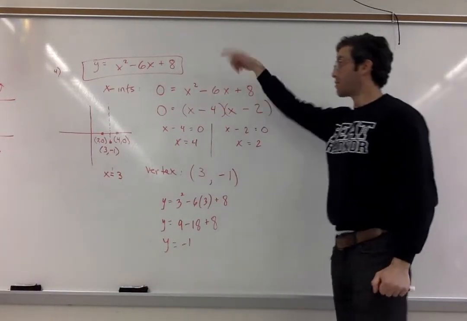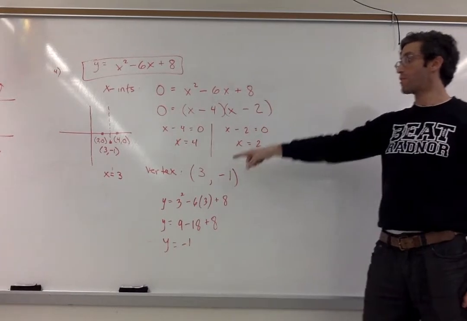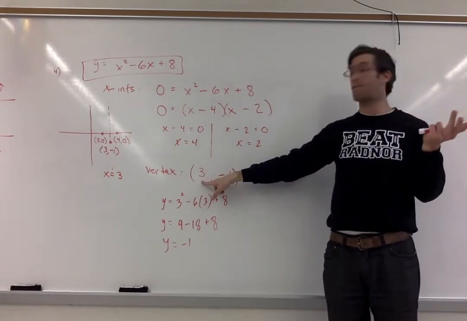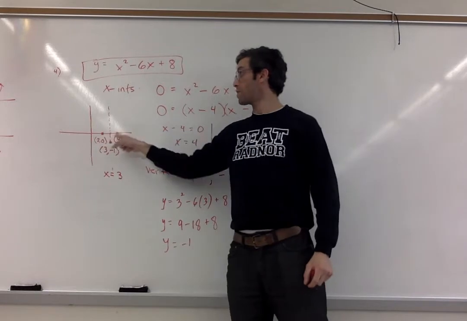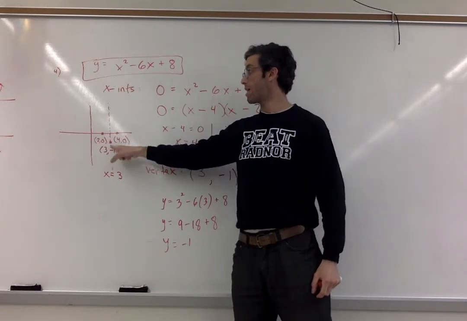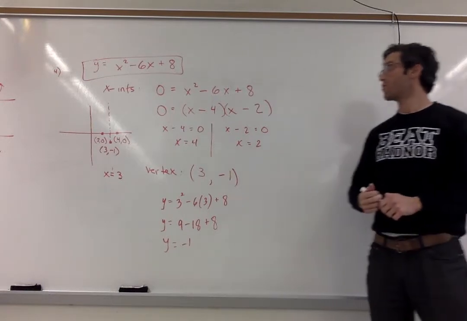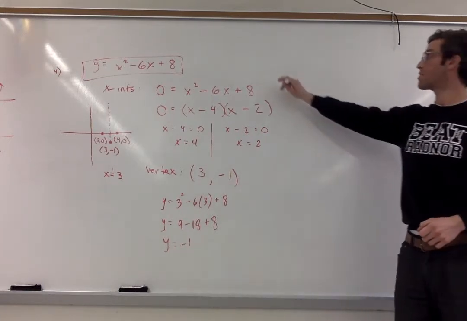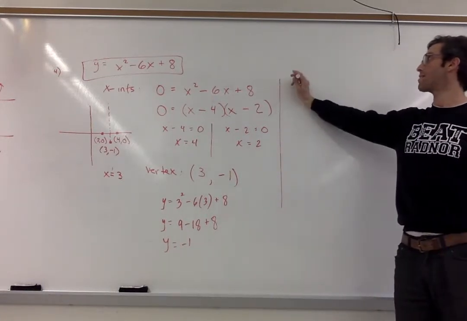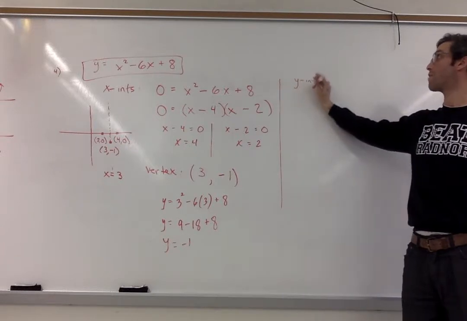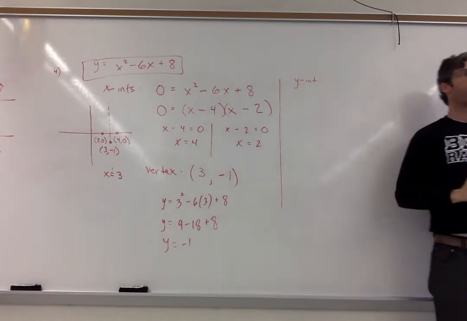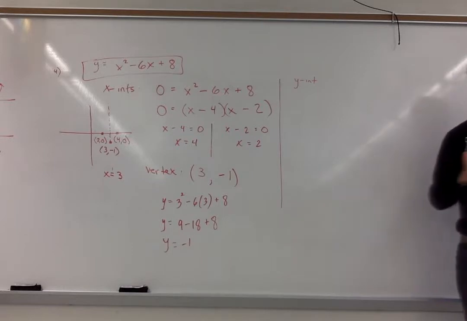So far we've covered the x-intercepts by factoring, and the vertex by just using symmetry. The vertex we figured out because of symmetry, the x is 3, and we plugged it in to find the y value. Now we got to do the y-intercept. Remember what I said last time, the y-intercept is the easiest part of this problem. With the y-intercept, you plug in 0 for x.